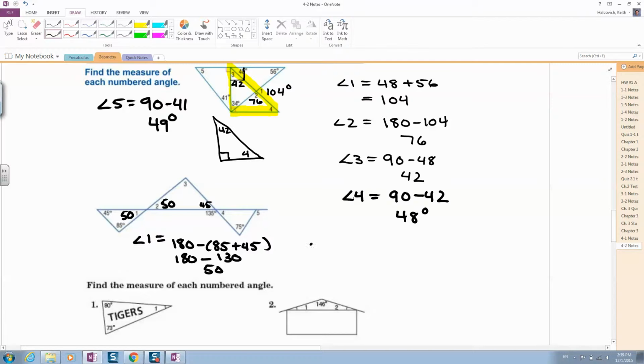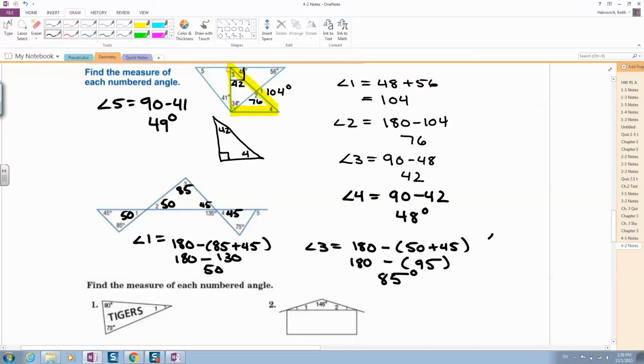So angle 3 is equal to 180 minus (50 plus 45). So it's 180 minus 95, which is 85.